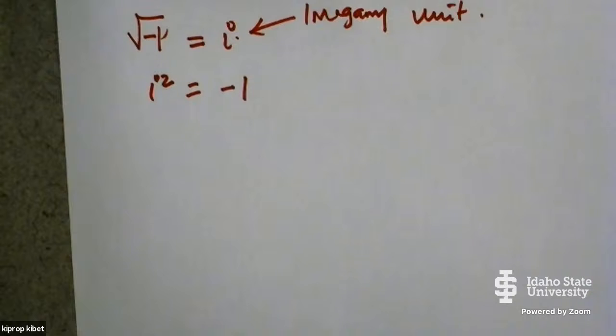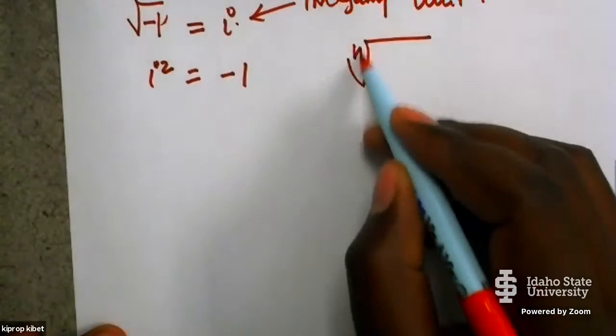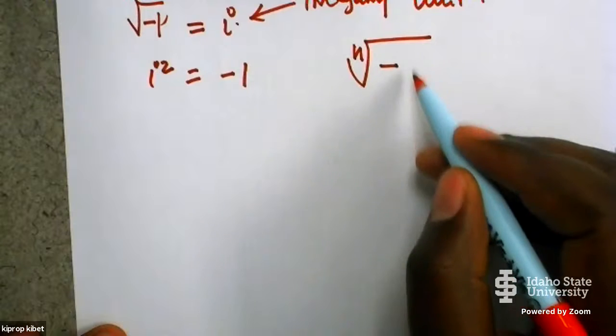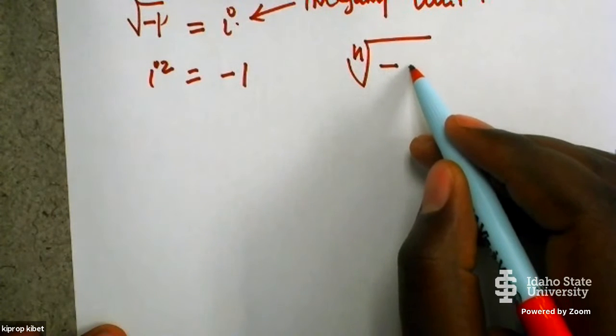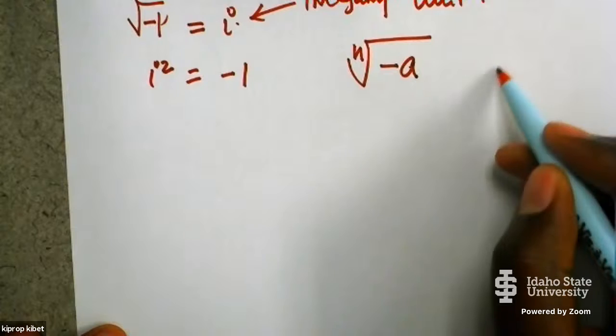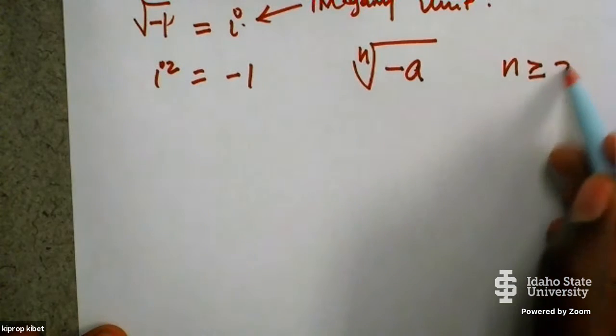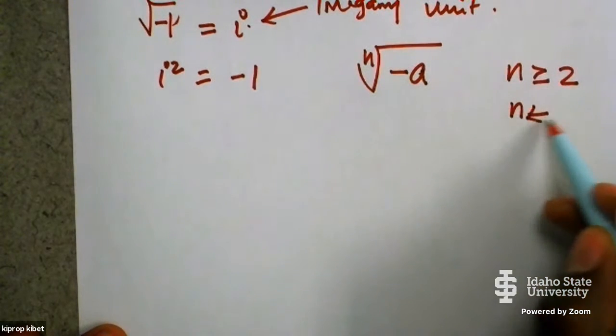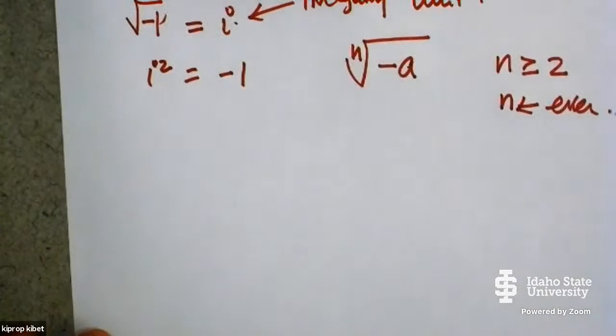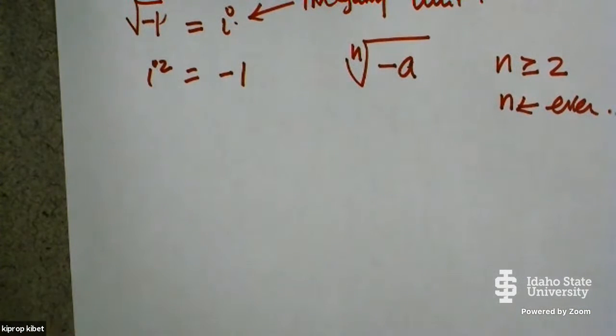But if there is a negative there, say you have n here and -a, then as long as n is greater than or equal to 2 and n is even, that root will give you a complex number.